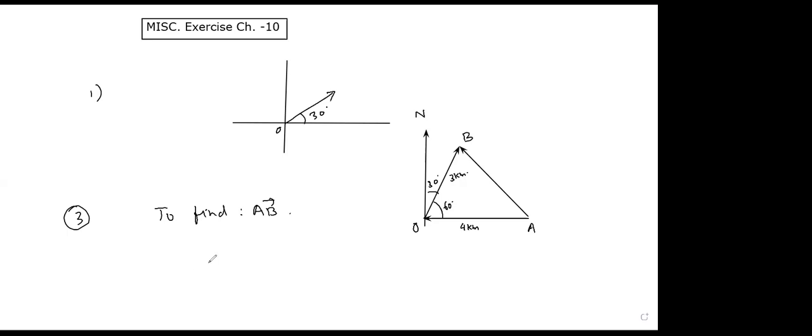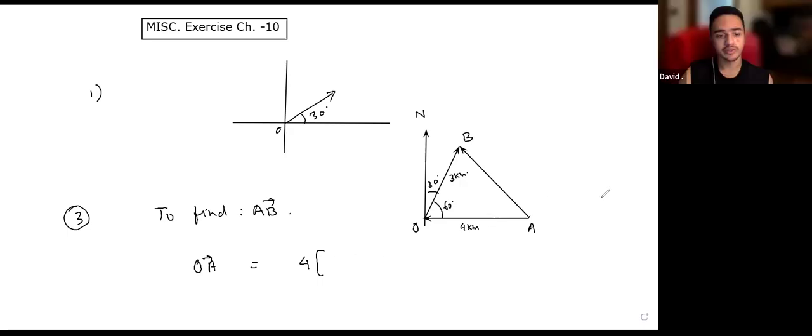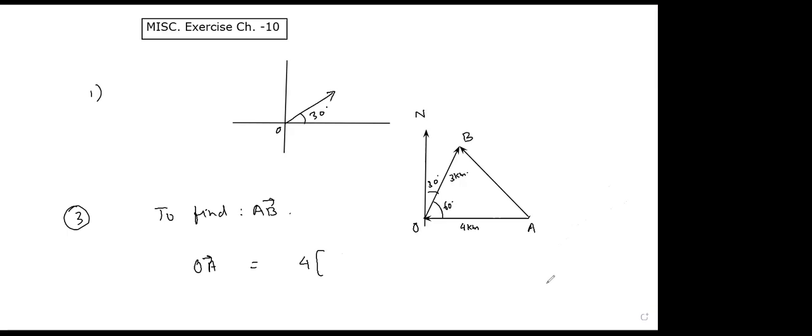So what is OA vector? Magnitude is 4 kilometers. Take 4 outside. What is the angle formed by this vector, OA vector, with positive direction of x-axis? That is 0 degree angle, right? OA is a horizontal line, so a horizontal line makes 0 degree angle with the horizontal axis.